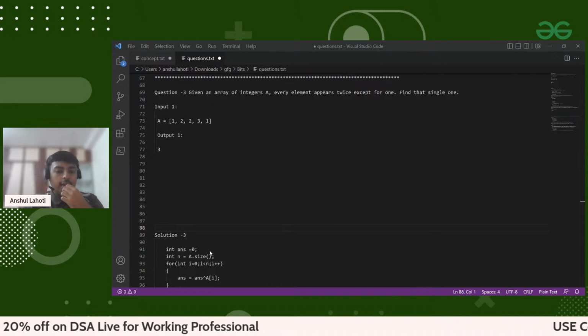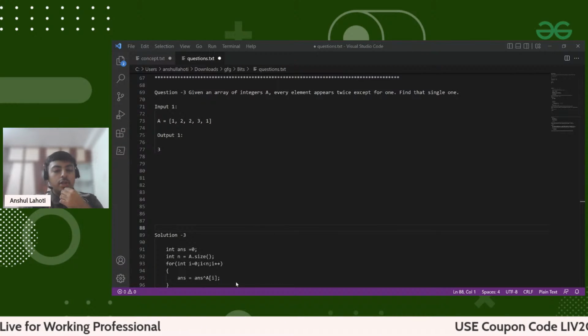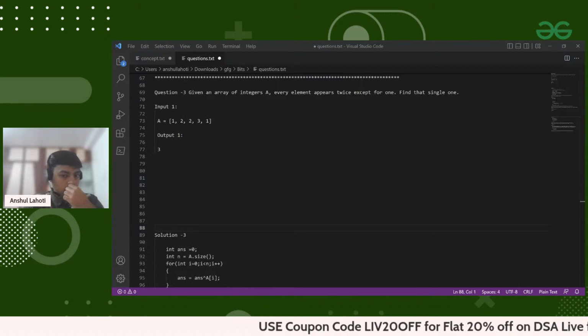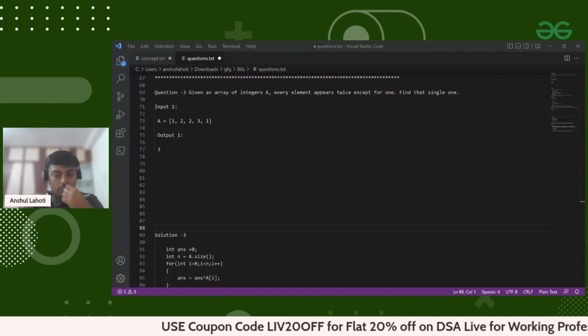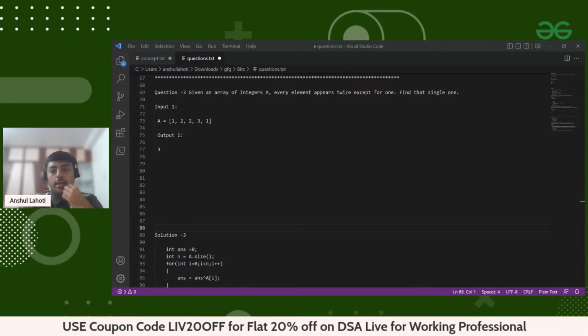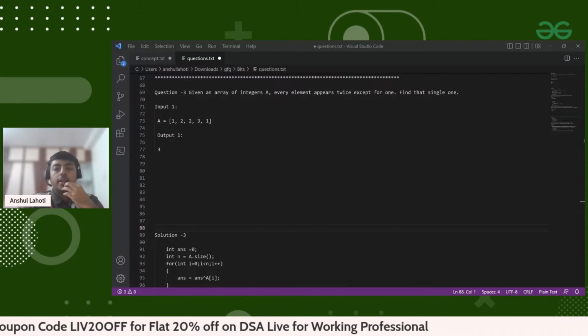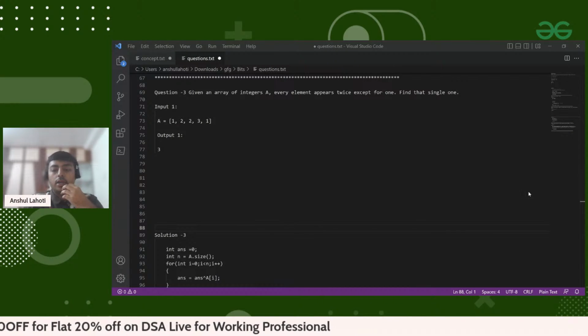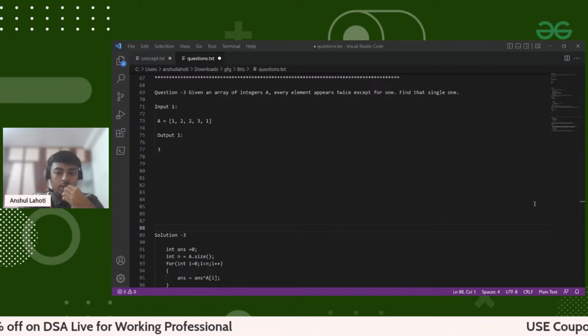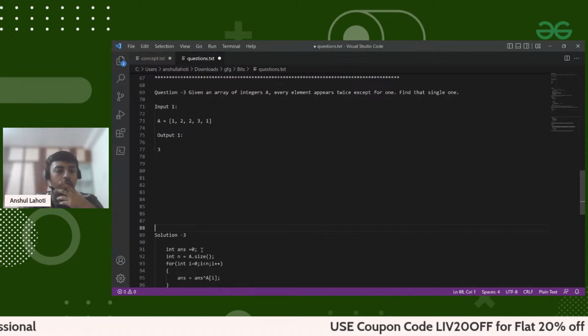Just think about the solution, and while thinking, also think about the time complexity and space complexity.